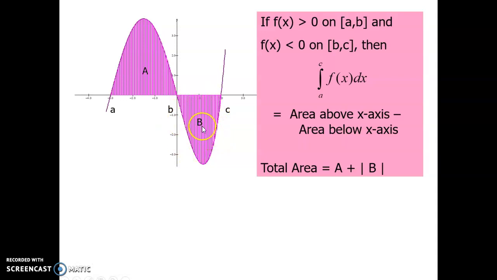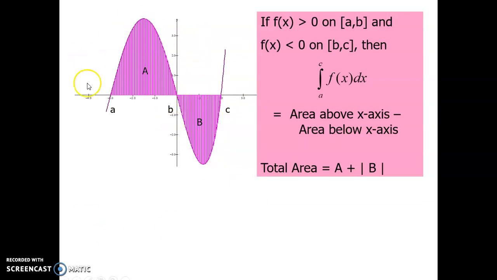If B is counted as an area and we think of it as positive, the area above the x-axis minus the area below the x-axis will give us the integral from a to c. So whatever this quantity is minus whatever this quantity is would give us the accumulated amount of change in my antiderivative over the interval from a to c.